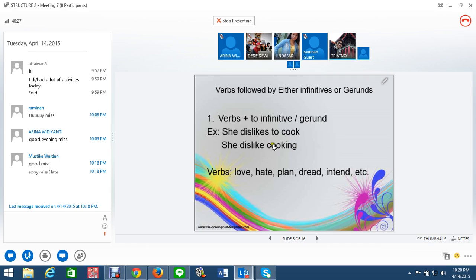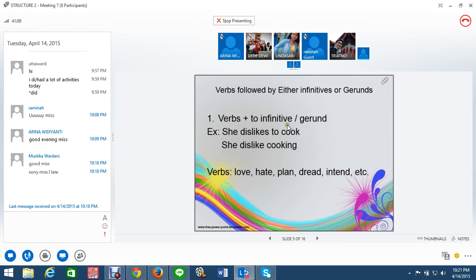Gerund. The gerund is a verb in ing form that can function as a noun. Okay, so kalau itu infinitive itu to diikuti oleh kata kerja atau bare infinitive.